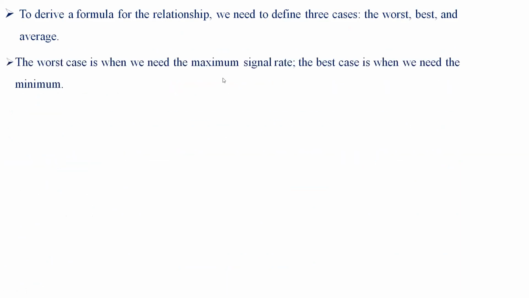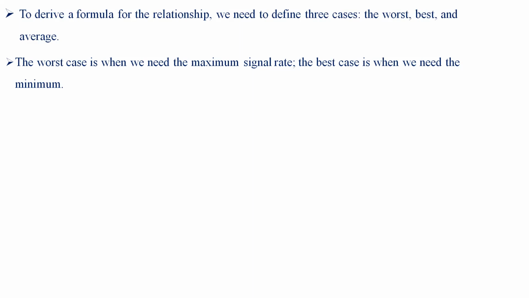The worst case happens when we need the maximum signals, that is, when we need the maximum signal rate. The best case is when we need the minimum signal rate.